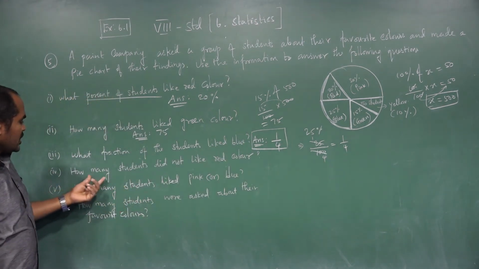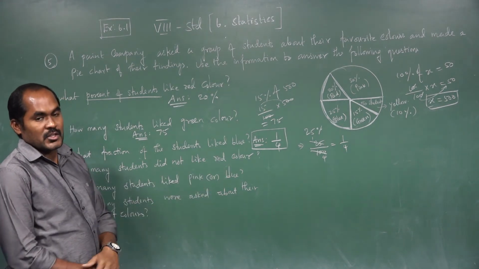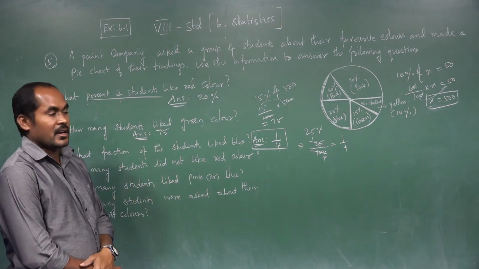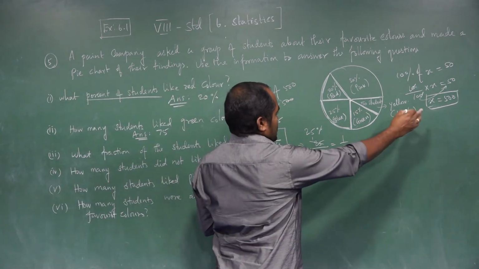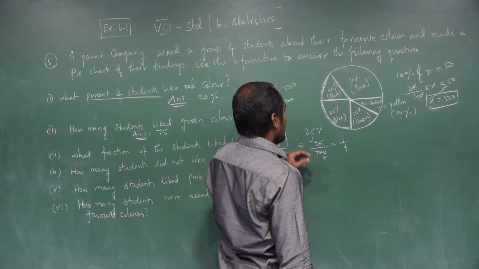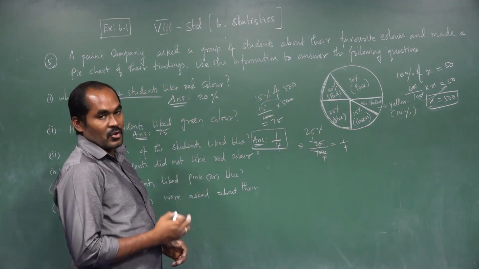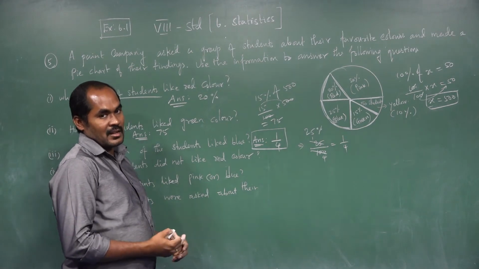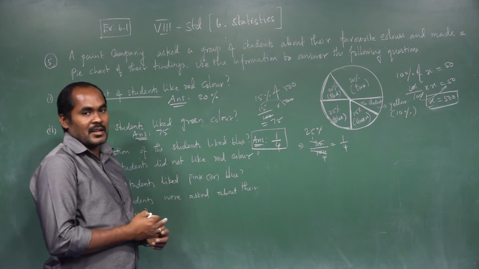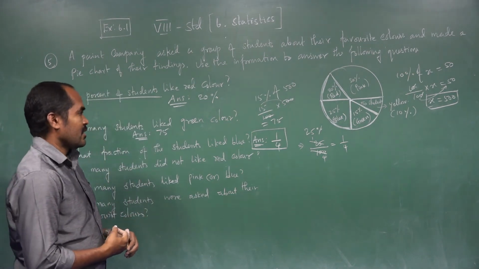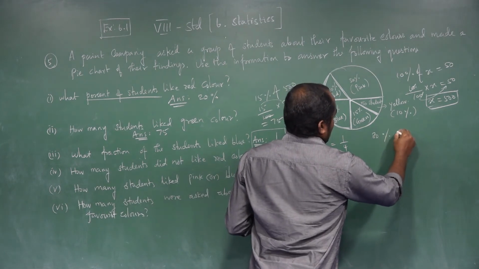Next, how many students did not like red color? Totally 500 students. Out of 500, 20% of students like red color. The remaining 80% did not like red color. So we want to find 80% of 500.